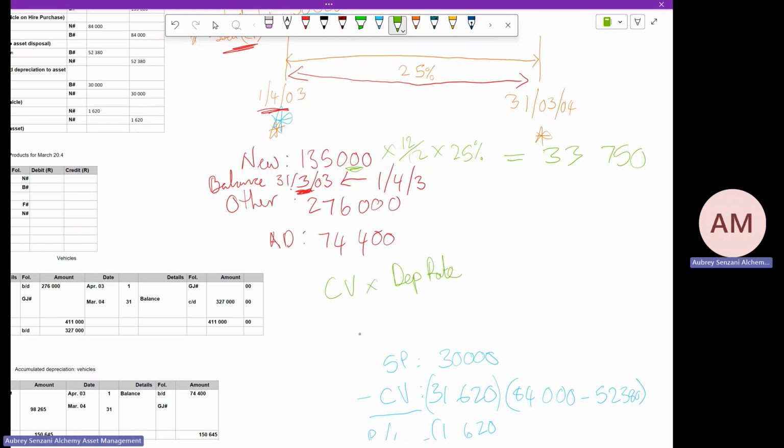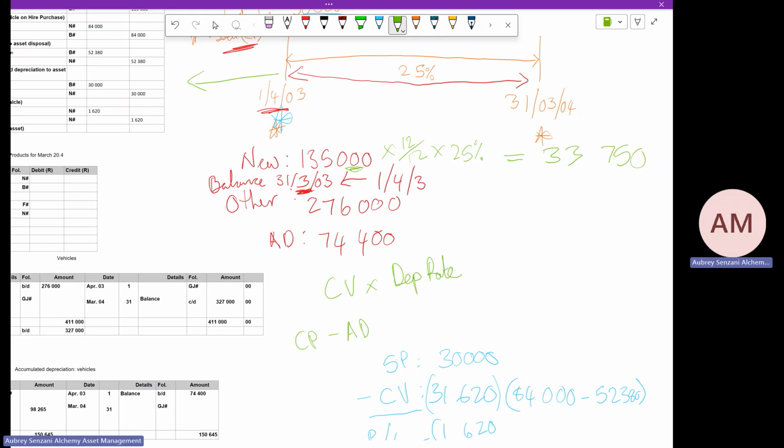But the carrying value is basically the cost price of the asset minus accumulated depreciation. So any depreciation that has happened on this vehicle. In other words, any previous depreciation that would have come from the periods represented by the green arrow.